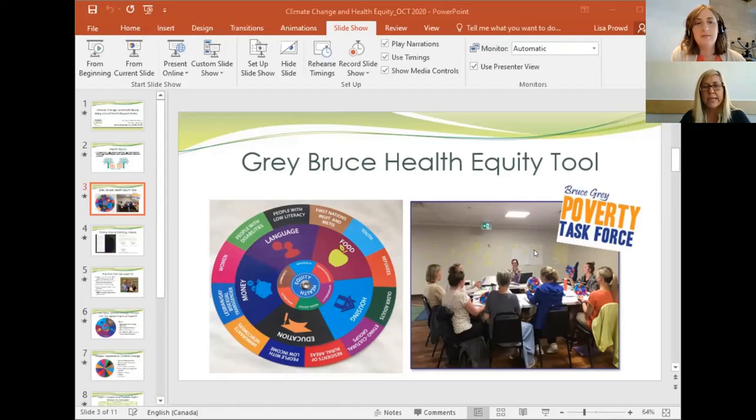So when you hold this tool, or we often refer to it as a wheel, in your hand, you can actually turn the sections around, and I did bring one with me, so I could show you through video how it moves around.